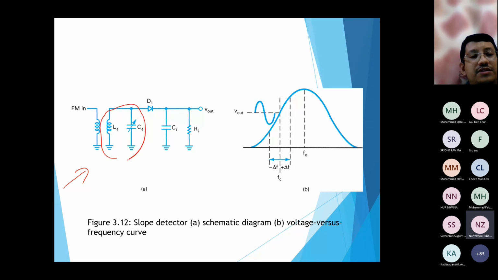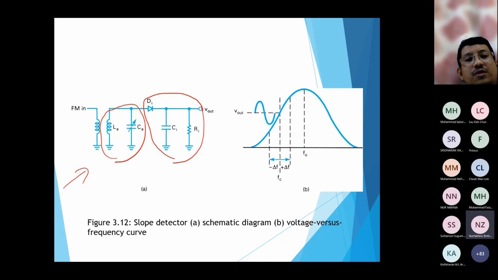Okay, this is the tune circuit, and this is the peak detector circuit. The tune circuit will tune to the frequencies of the input, and from here we will detect the frequency changes to produce the output variations, the voltage output variations.